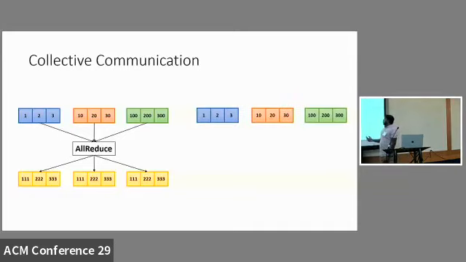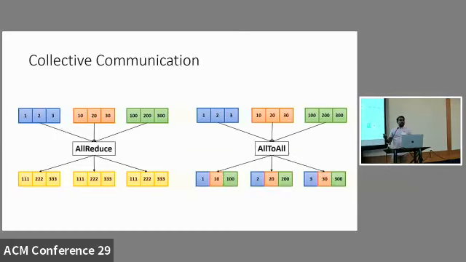A similar operation is called all-to-all. Say you have 3 buffers that represent the 3 rows of a matrix, like a matrix sharded row-wise. Then you might want to do a transpose, so have a column-wise sharding. You do this operation called all-to-all. And as ML computations have become more prominent, the kinds of collectives that we need have become more sophisticated.